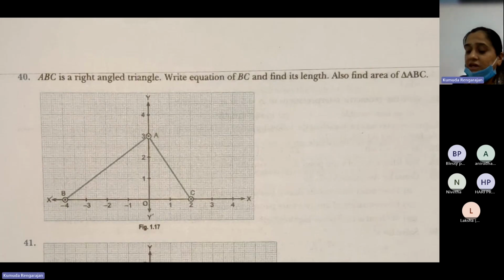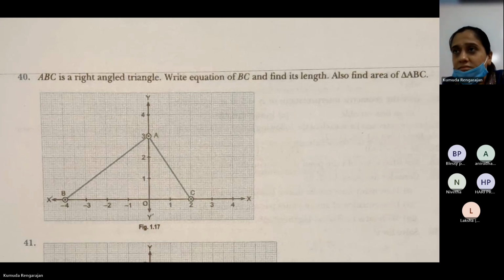Yeah. Write the equation of BC. What's the equation of BC? Who can tell me among the boys here? What's the equation of BC? What's the equation of BC, girls? Yeah. Don't worry if you're wrong.